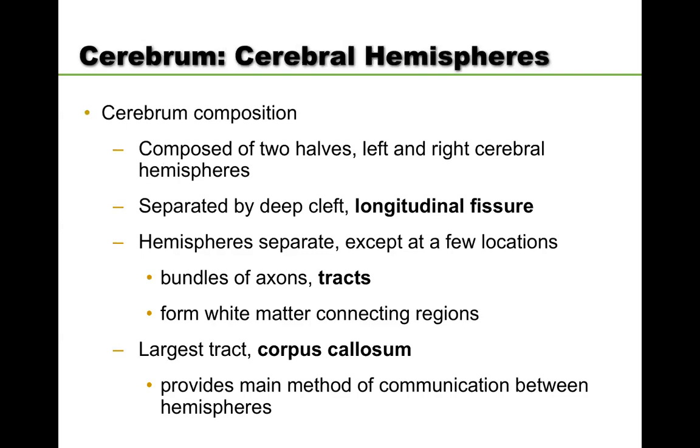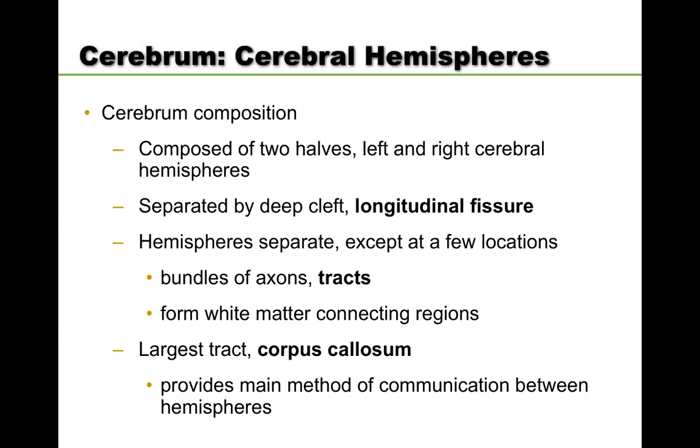So let's now understand the cerebrum in a little more detail, because it is highly important. We know that it consists of two major parts. It is divided into two major halves, the left and right cerebral hemispheres, by a fissure.